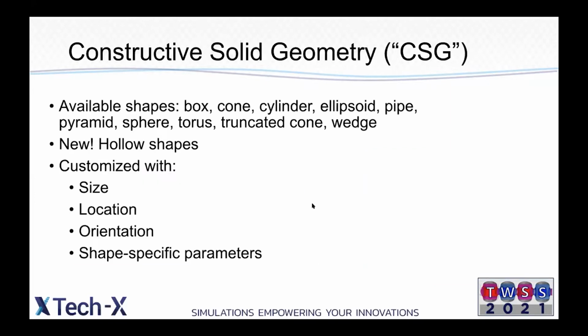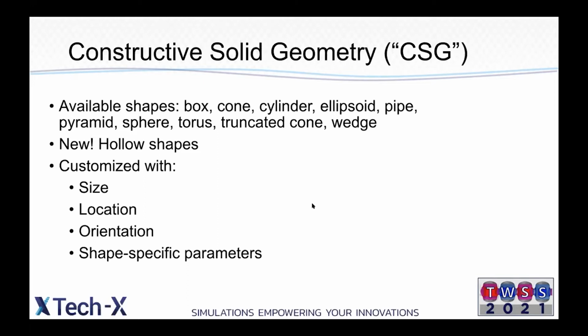So in VSim, we have a number of available shapes listed there. A new feature that we have is hollow shapes. It used to be that if you needed to make a hollow shape or a thick-walled shape, you would have to make an outer shape and then an inner shape and then do the subtraction to create that hollow shape.